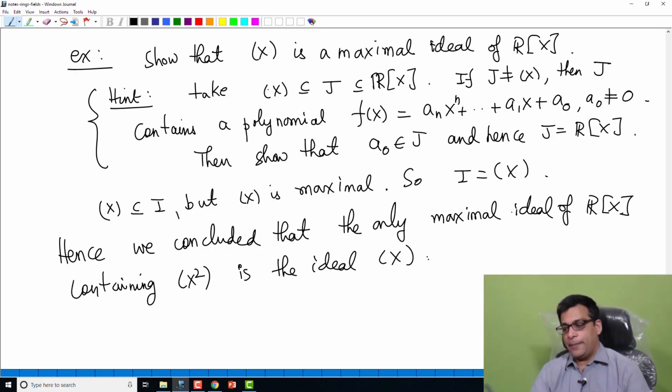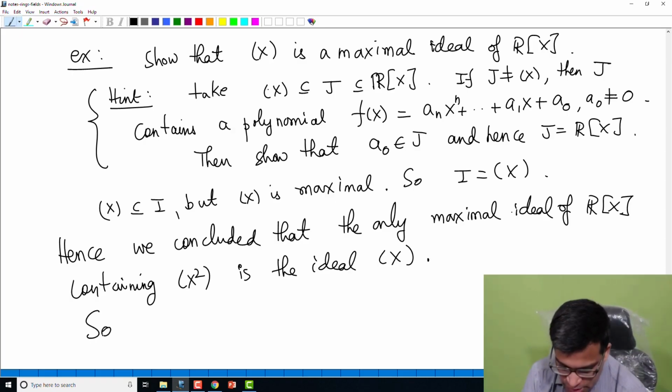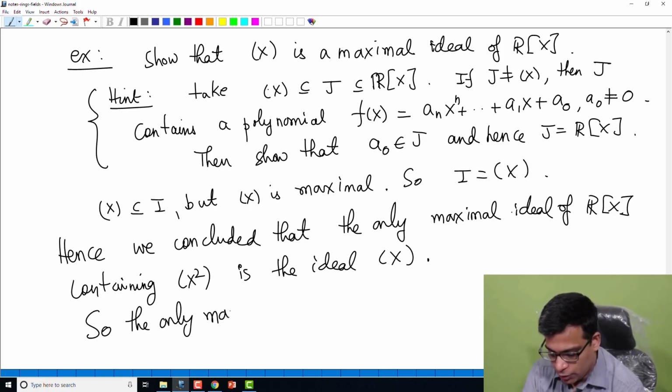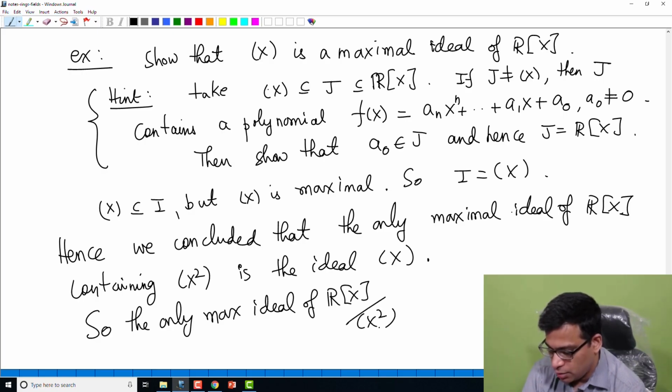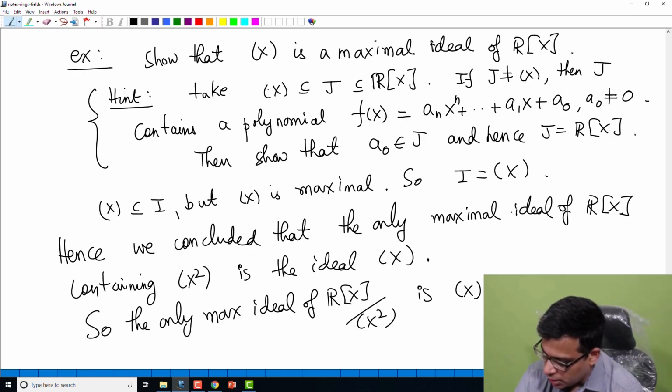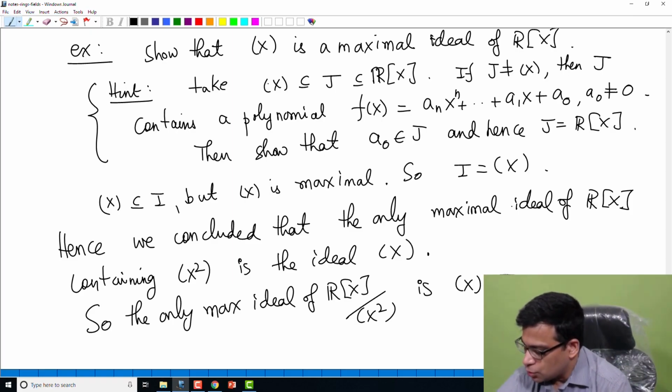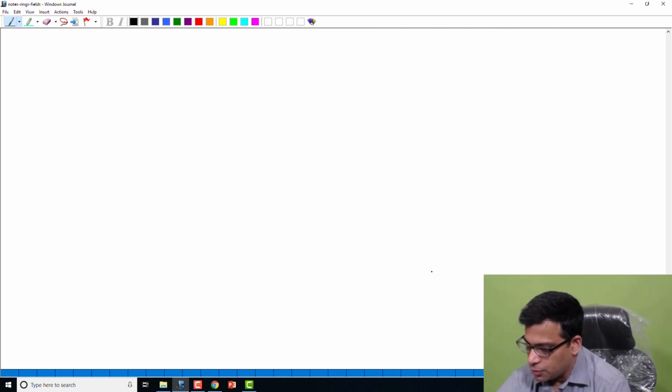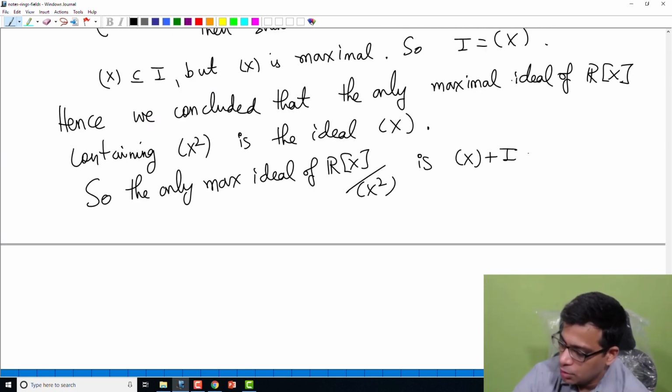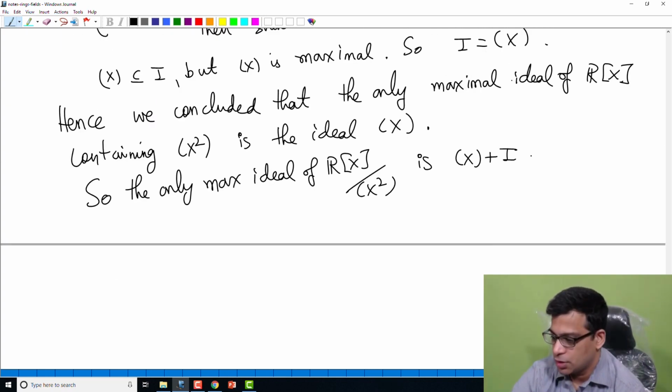Okay, so the only maximal ideal of Rx containing x squared is x, which implies by the correspondence theorem that the only maximal ideal of Rx mod x squared is the ideal x plus I. This is my notation for the image under that correspondence.